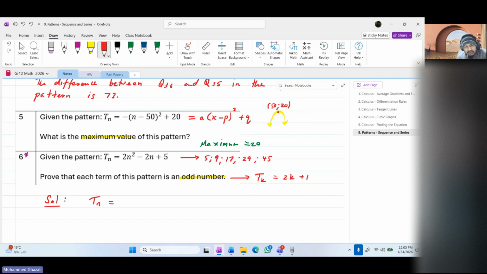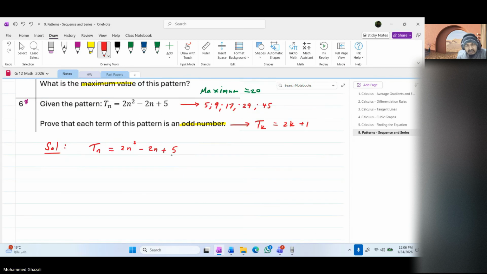What we have here is 2n squared minus 2n plus 5. So we write down 2n squared minus 2n plus 5. You see the 5: always try to break up the 5 in terms of plus 1 or minus 1. So 5 can be broken down into 4 plus 1. I'm going to rewrite this: 2n squared minus 2n plus 4 plus 1.